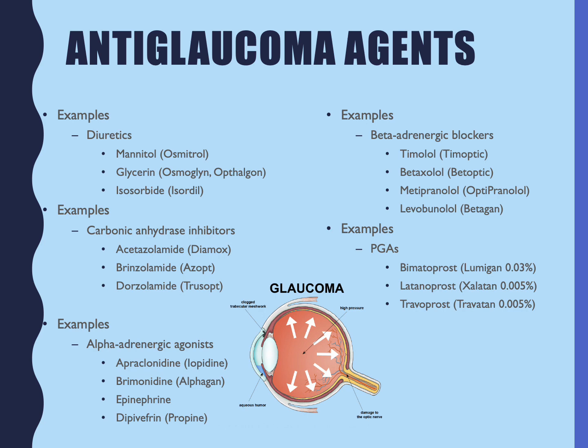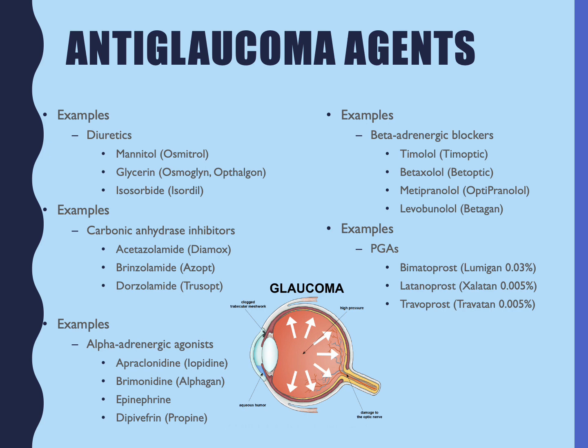Okay, we're going to switch gears now and talk about alpha-adrenergic agonists. These are also referred to as sympathomimetics. They're another class of anti-glaucoma agents, and they're administered as eye drops.